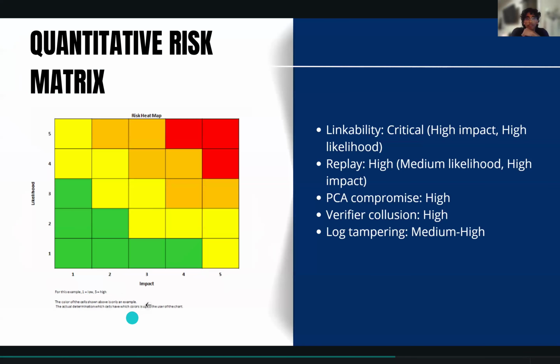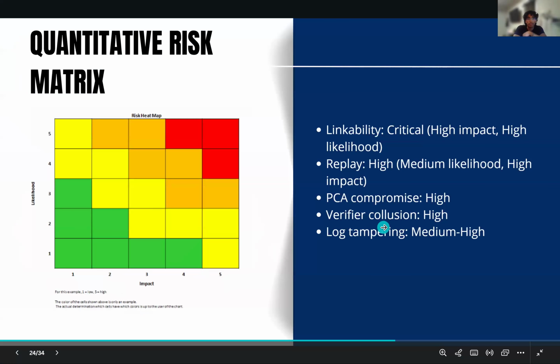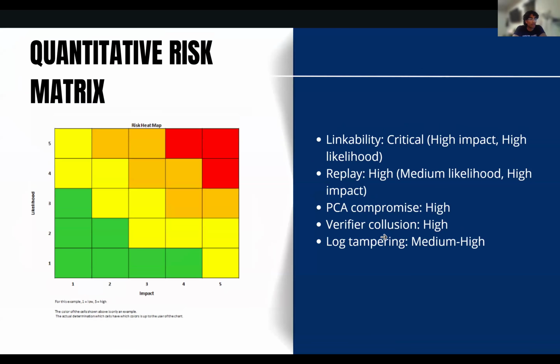Hey everyone, I'm Jay, and I'll be going over the next part of our slides. This is our quantitative risk matrix. In our risk assessment, we identified 5 critical threats in the red zone, and linkability is our highest concern. This is where attackers could correlate pseudonyms across flight zones and track operators. Next we have replay attacks, which are high risk since wireless networks are easily monitored.